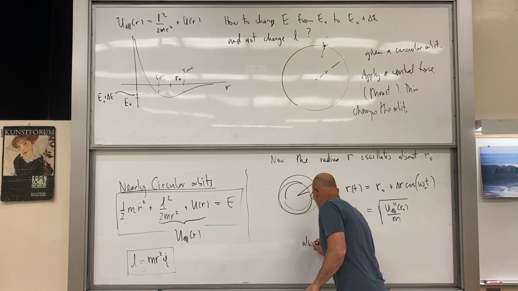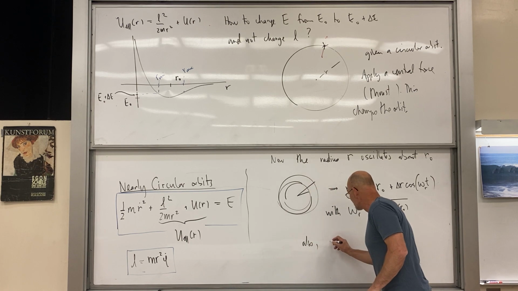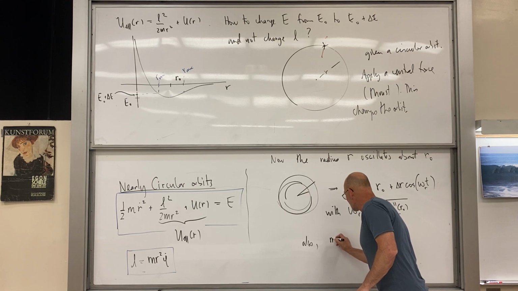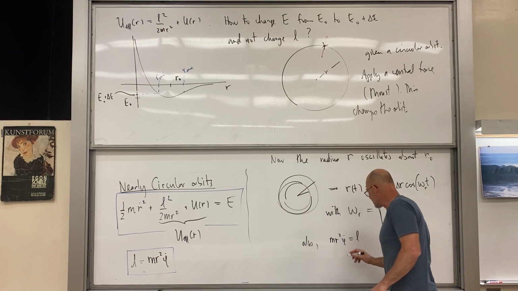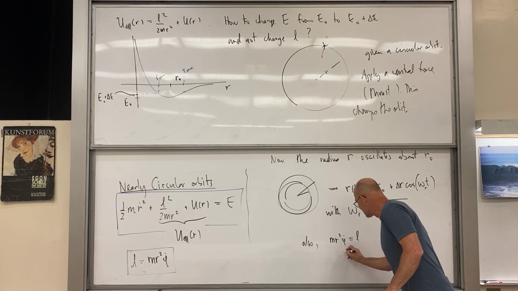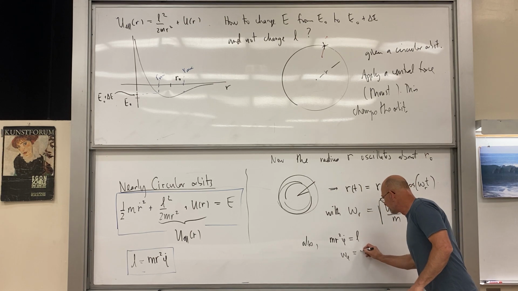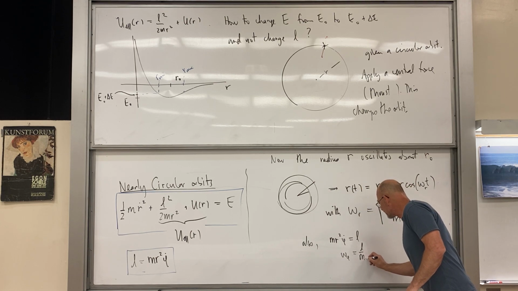Also, we have that m r squared phi dot equals L, which had us saying omega sub phi was L over m r naught squared.